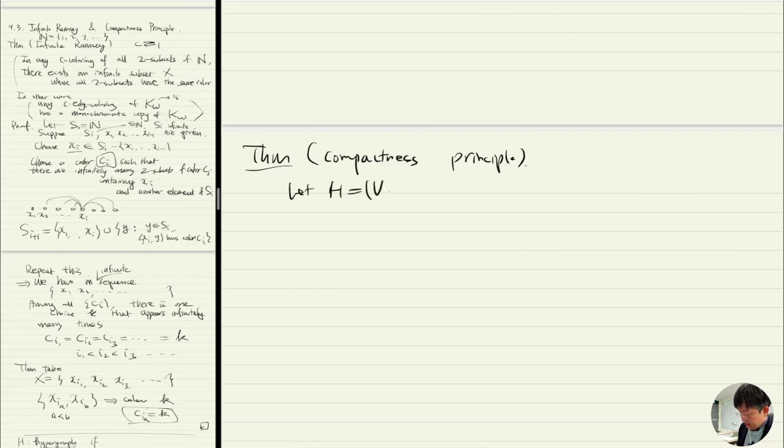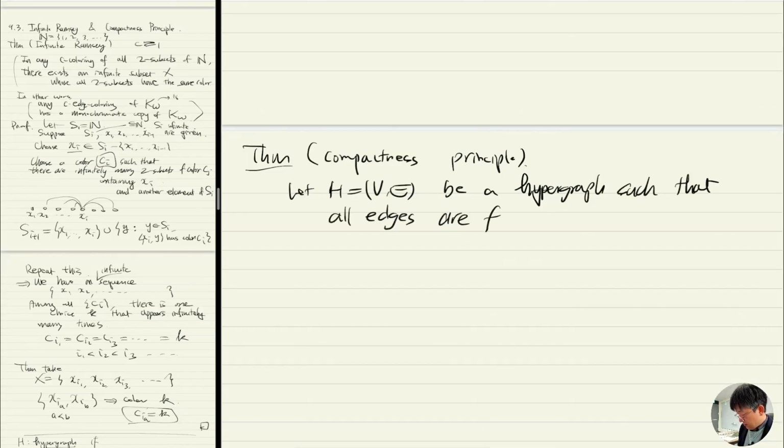Let H be a hypergraph such that all edges are finite. All edges are finite, and we don't assume that V is finite. Let R be a constant.